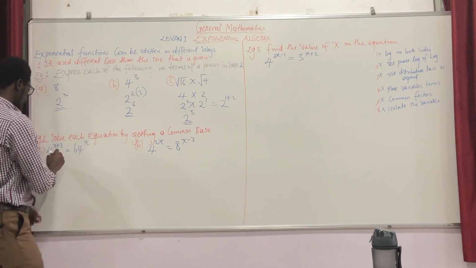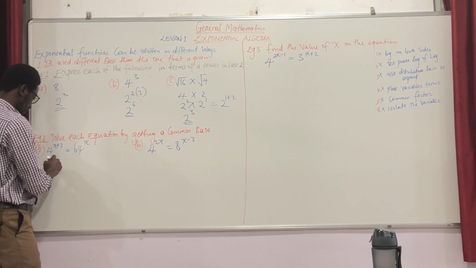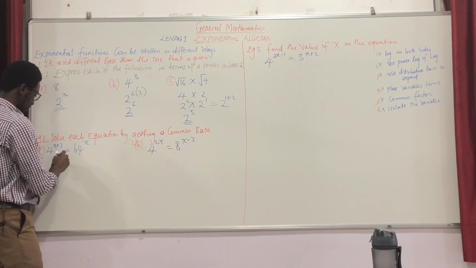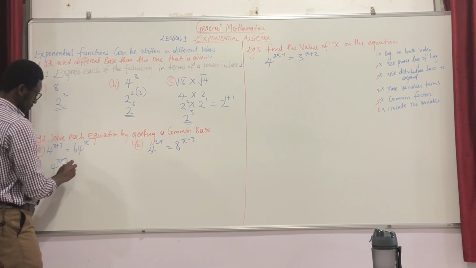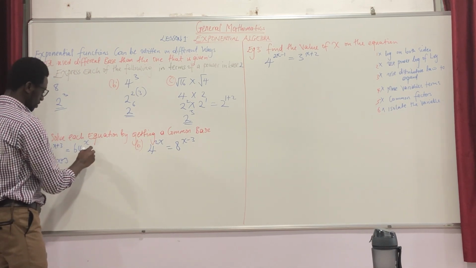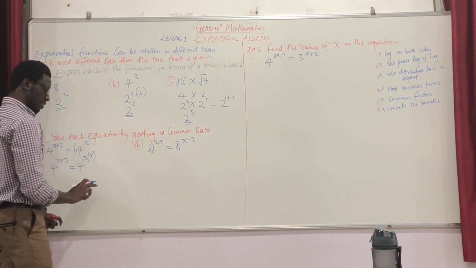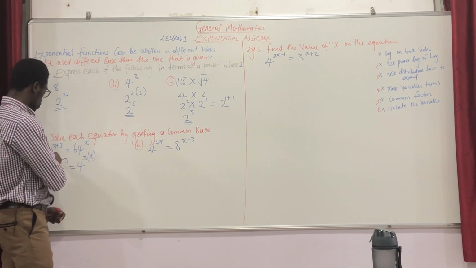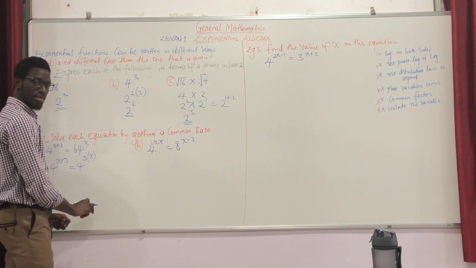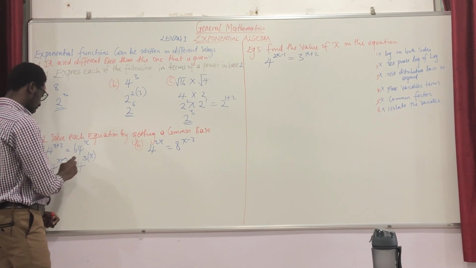Okay? So here we can say 4. If we use 4, we can say 4 to the x plus 3 must be equal to 4 to the 3x. We'll consider the bases. The bases are the same, so we'll ignore the bases and use just the powers.